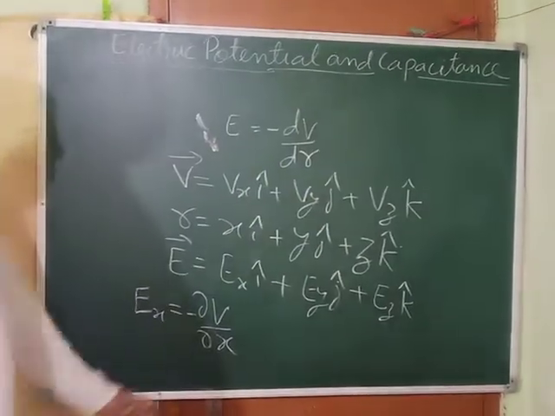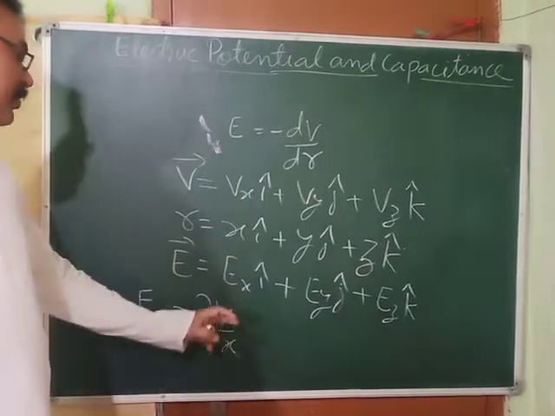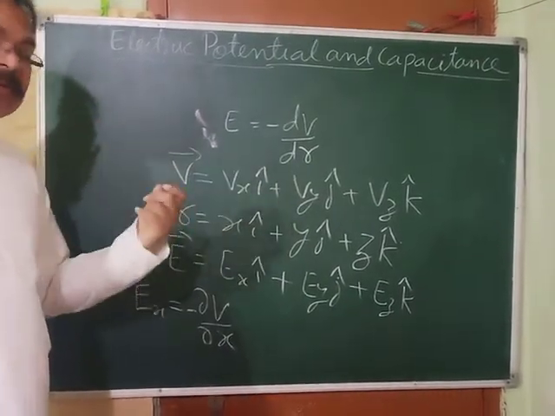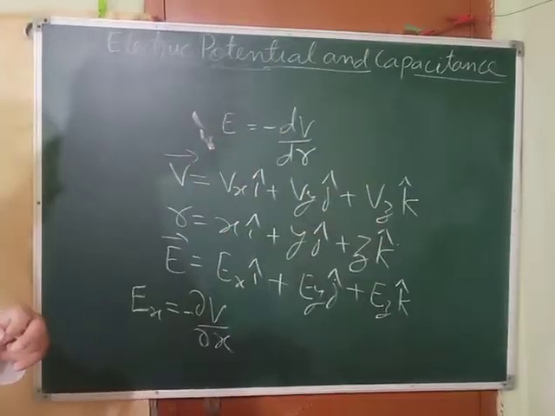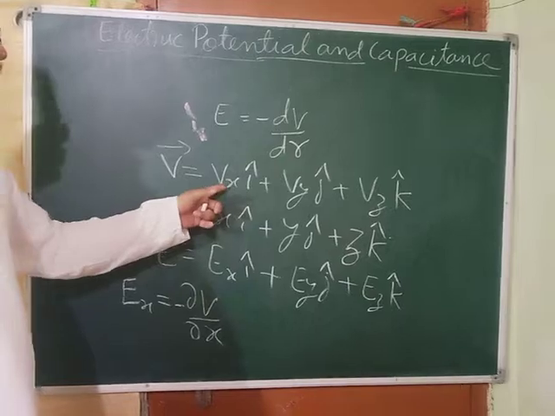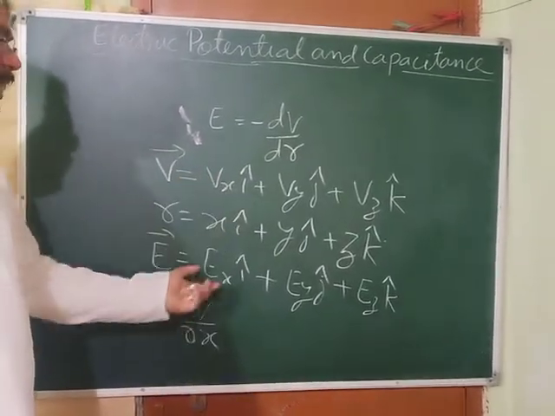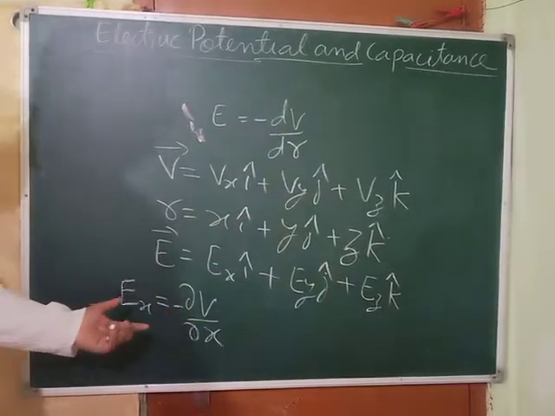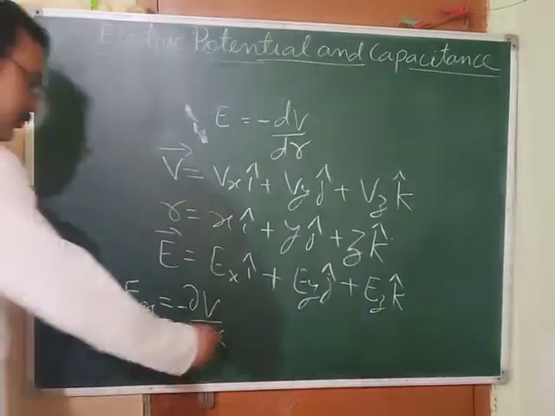This is a function of x, this is a function of y, this is a function of z. So when you are going to differentiate, you have to treat the functions of y and z as constant, and you have to differentiate only the function of x. The differentiation of a constant will become 0. That is called partial differentiation. I will show with the help of a numerical, don't worry.